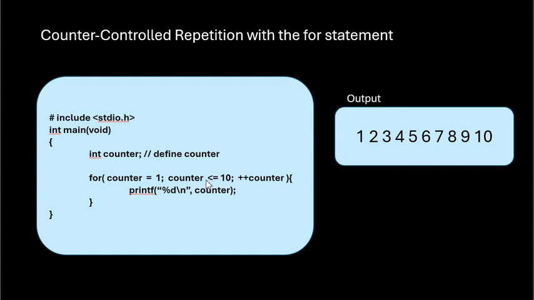As 1 is less than 10, we can print 1. Then we increase the counter and check whether it is less than or equals to 10 and print that number. Likewise, until counter becomes equals to 10, we can run this code.